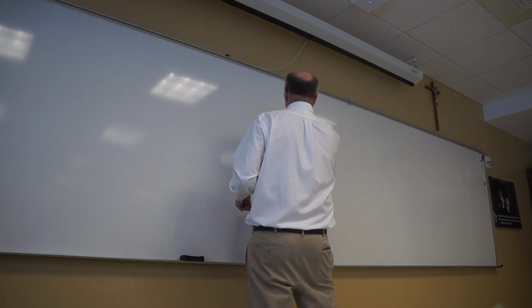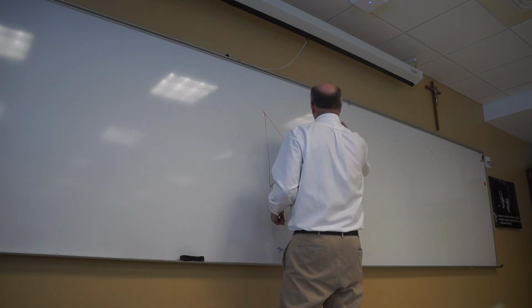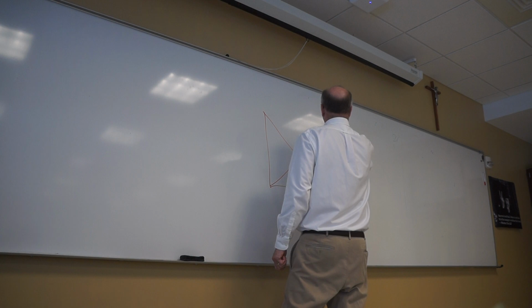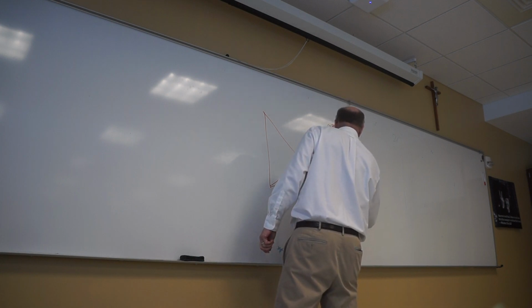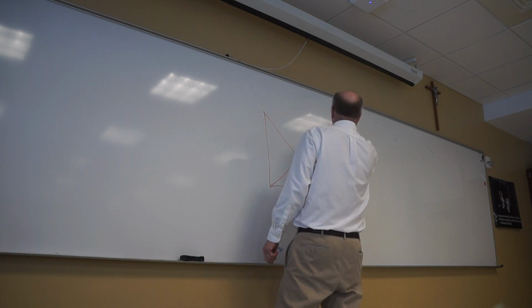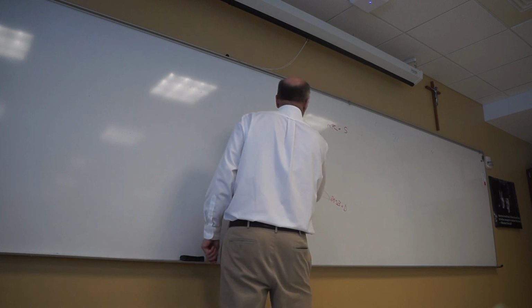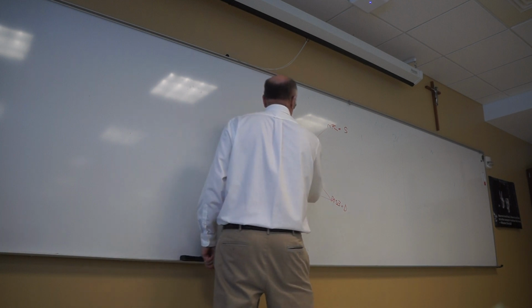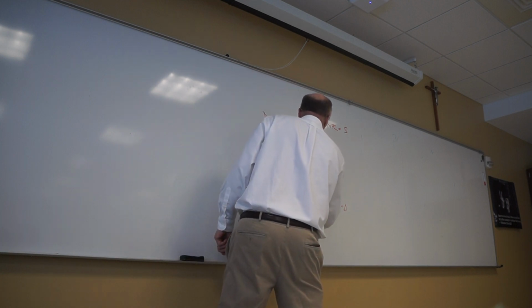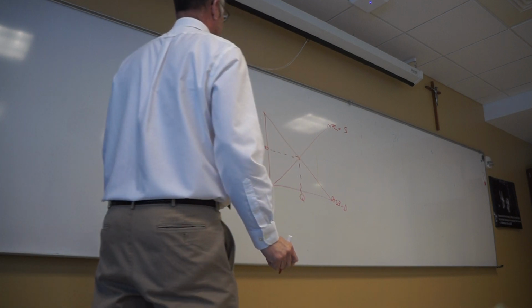So like I said, it's a third-party effect. So this would be marginal private cost, and this is marginal social benefits, which is demand. This is supply. So what this is saying is the cost of cigarettes to a person is $4, and that's the quantity those people are going to buy.